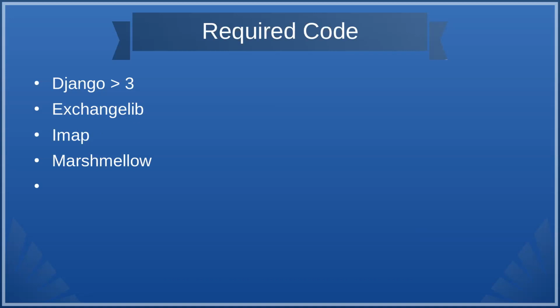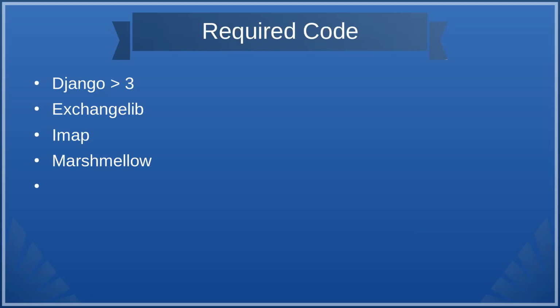ExchangeLib is the library that I found to use with our Exchange server, of course. IMAP is there if you have any other mail services. They turn on the IMAP. And then there's a serialization process called Marshmallow that they put out.